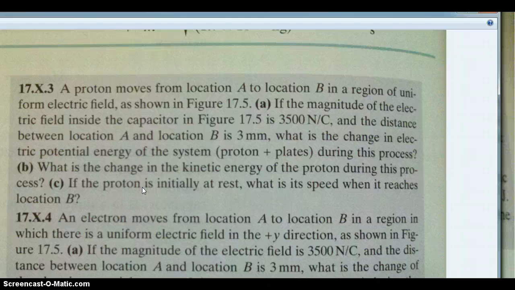A. What is the change in electric potential energy of the system (proton plus plates) during this process? B. What is the change in kinetic energy of the proton during this process? C. If the proton is initially at rest, what is its speed when it reaches location B?